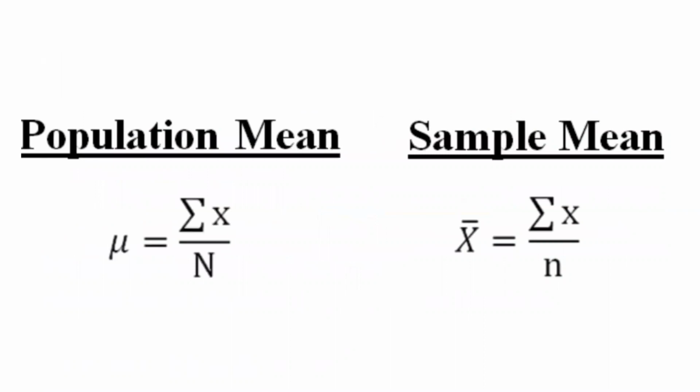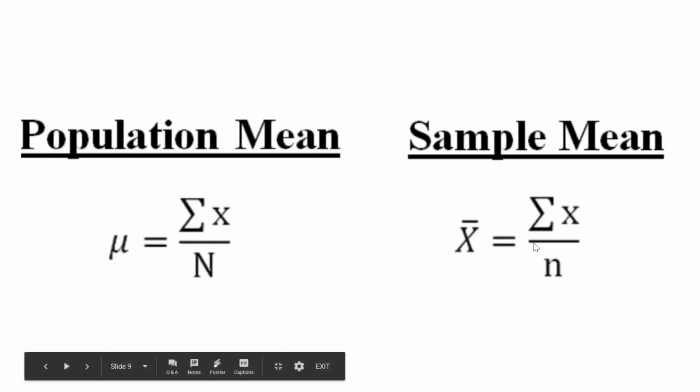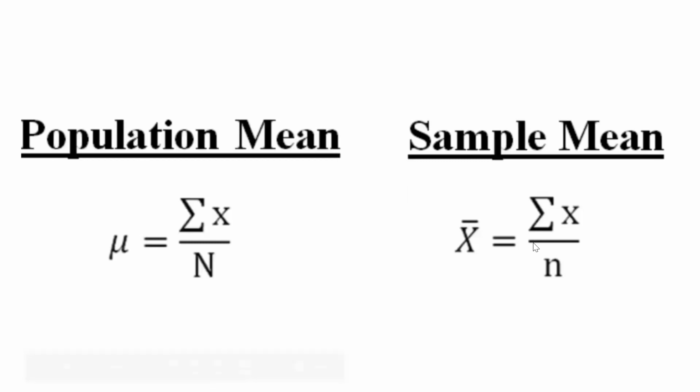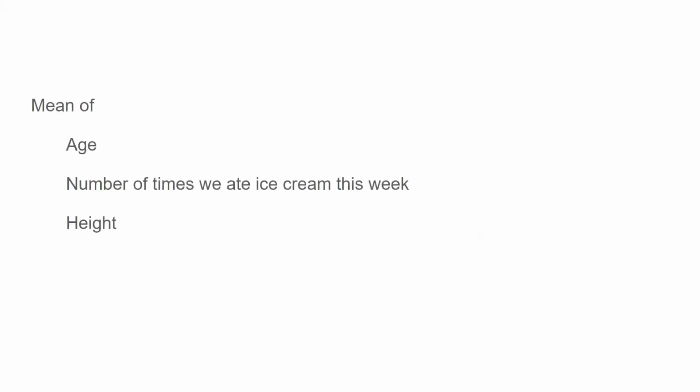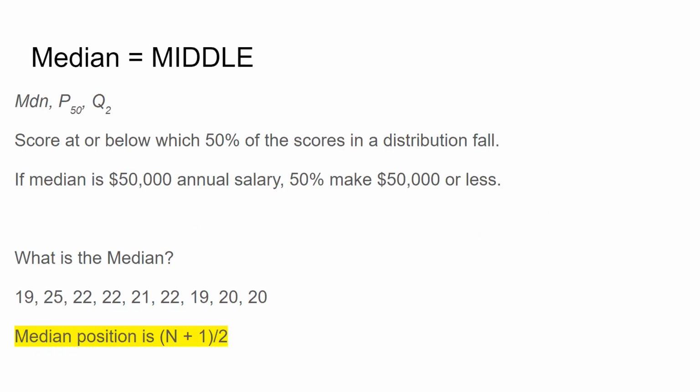If you see regular letters, those are samples. And this little sigma sign means sum of, S-U-M. So we add numbers together and we divide by the number of numbers there are. So hopefully you know how to do that.